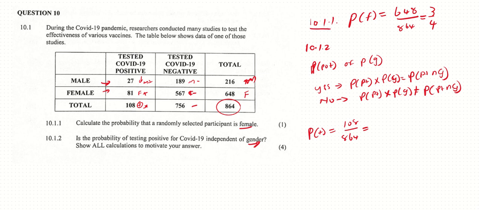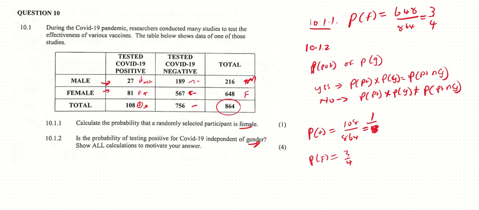So let's go and deal with the probability of being a female, which is 3 over 4. But the probability of being positive is 108 divided by 864, which is 1 over 8.